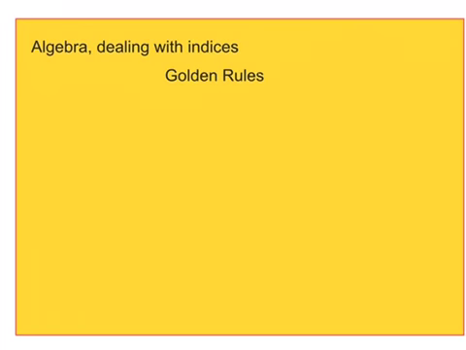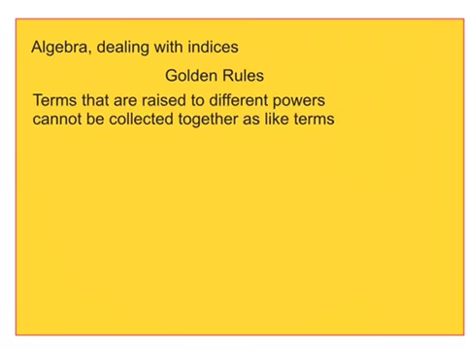So the golden rules that we need to remember whenever we've got indices within our algebra. If you've got terms that are raised to different powers, you can't collect them together as like terms. So if you've got x squared plus x, that would stay as x squared plus x. You wouldn't be able to combine those in any way.